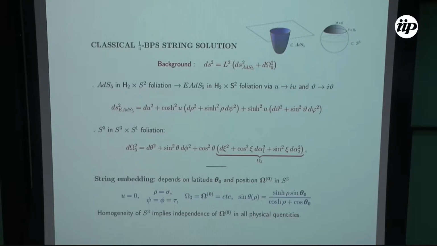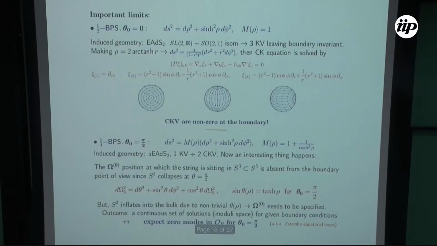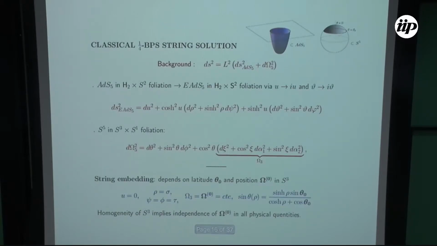When we do this, notice that if we add the boundary, this circle here, the circle at the latitude position, is the position of the circle at the boundary. So when we place this circle on the equator at the boundary, and we say theta 0 is equal to pi over 2, this cosine vanishes.